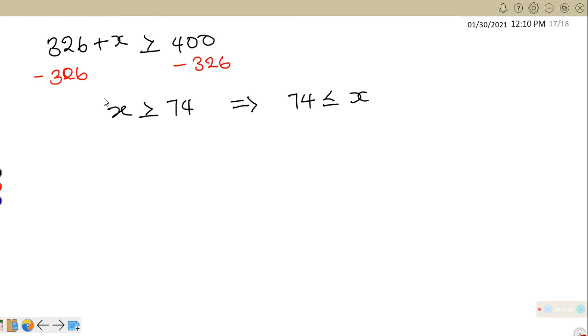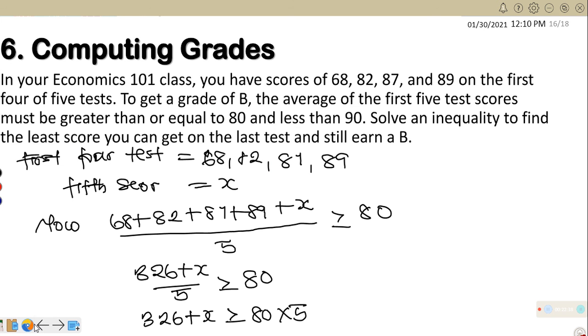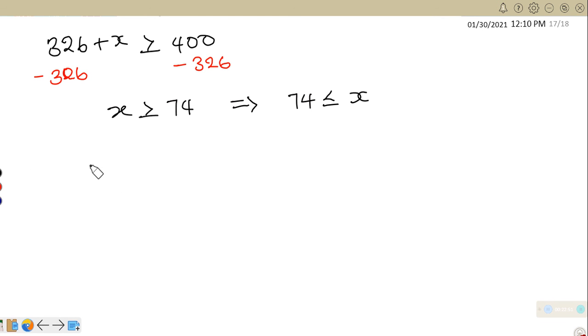So alright, that is the first answer there. So hence the least score to earn a B is 74. Okay, solve an inequality to find the least score you can get on the last test and still earn a B. So the least score is 74.